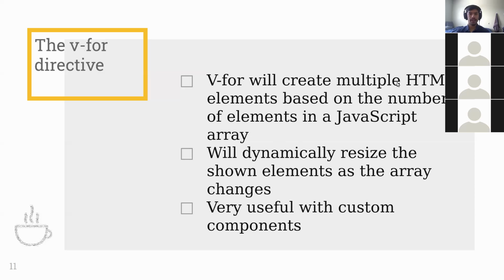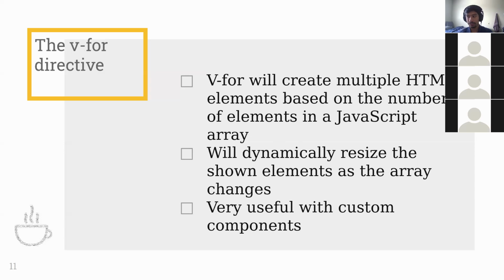What is v-for? Well, v-for is kind of like a for loop, as the name suggests, and v-for can create multiple HTML elements based on the number of elements in a JavaScript array. And the cool thing about it again is it will dynamically resize the shown elements as the array changes.